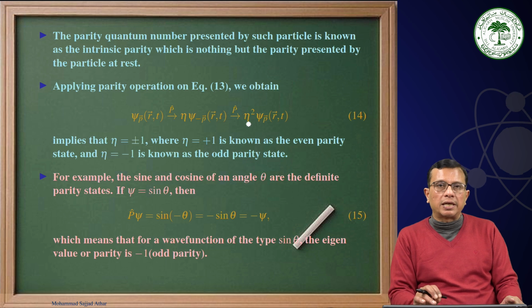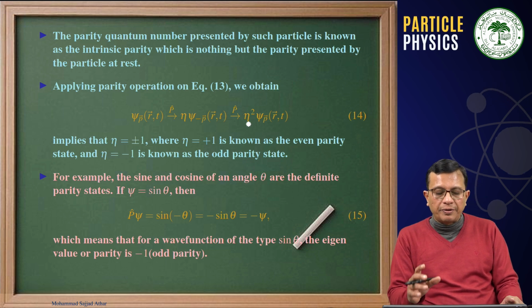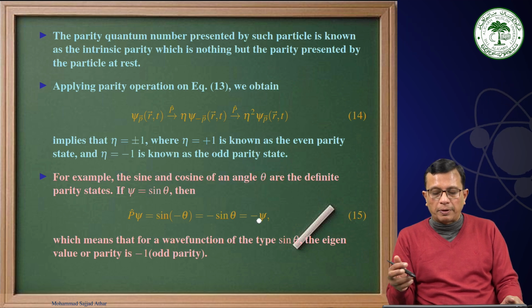Now let us take a few examples. If, for example, we have the sine function and we operate by the parity operation, then sine of minus theta is minus sine theta, and that means this is minus psi. Therefore, for a wave function of the type sine theta, the parity eigenvalue is minus 1, odd parity.